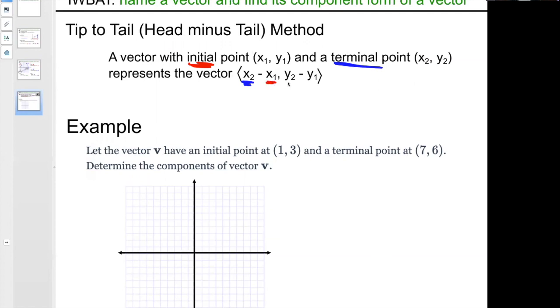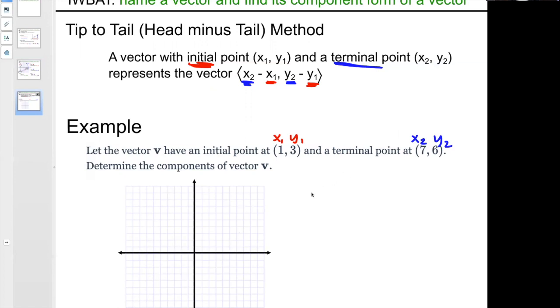We're gonna take the terminal Y value minus the initial Y value to come up with our answers. So on this one example that we're gonna look at, we've got the initial point here, which would be your X1, Y1, and we've got our terminal point here, which is our X2, Y2. So let's use this tip to tail rule here to do it, and then let's check it graphically.